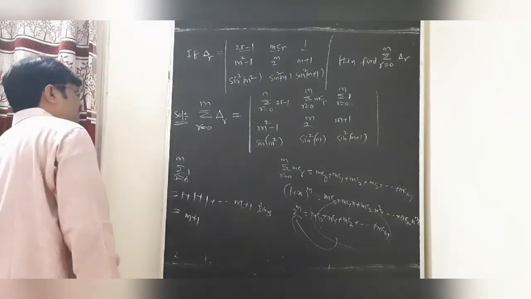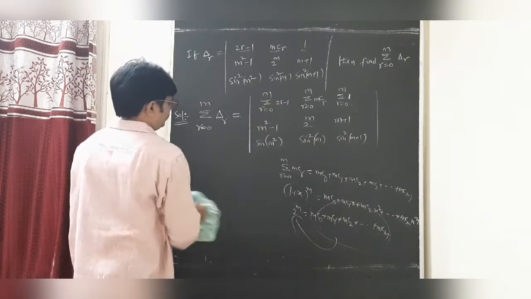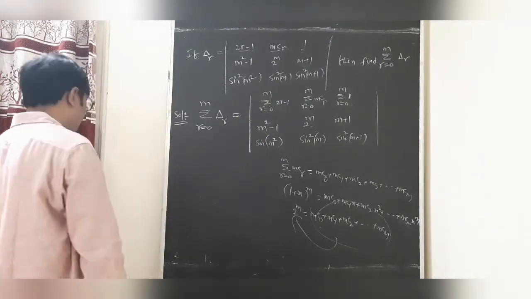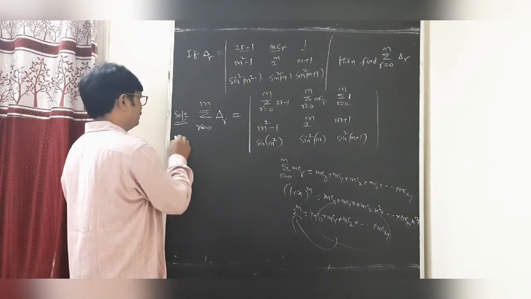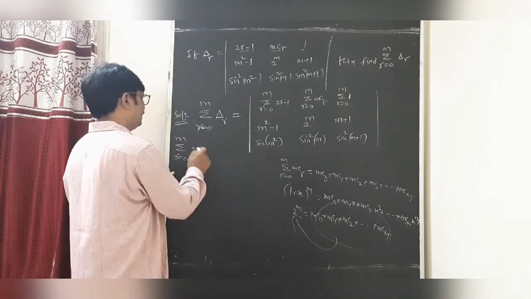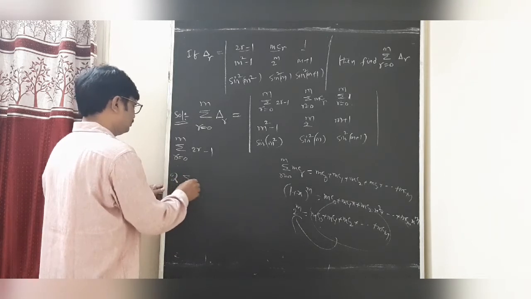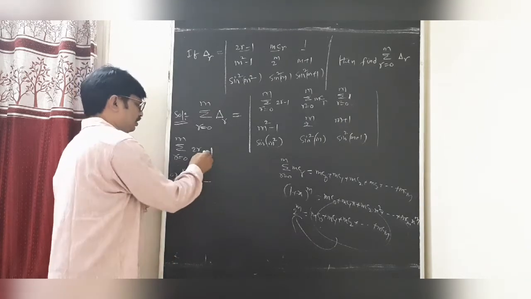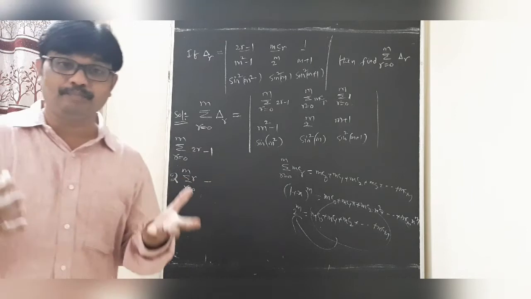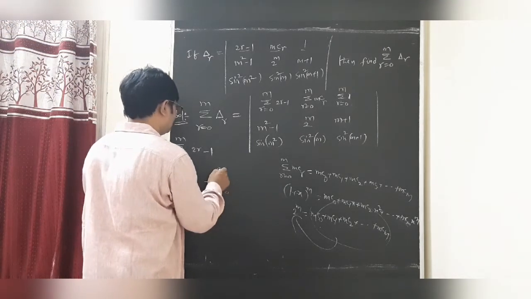Dear students, now this is sigma. Write down sigma r equal to 0 to m, 2r minus 1. First you can write 2 sigma r equal to 0 to m r, minus 1 plus 1 plus 1, m plus 1 times, that is sigma r equal to 0 to m of 1.